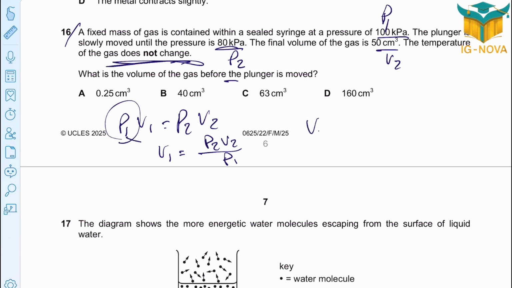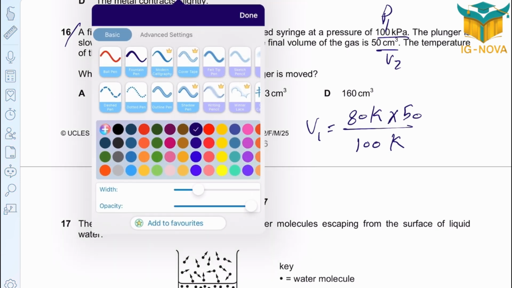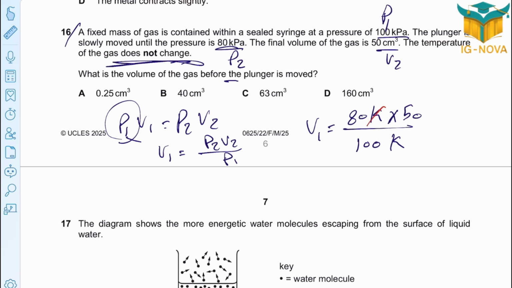Substituting numbers, V1 is 80 kilopascal, kilo and kilo no need to change, and volume is 50 centimeter cube, over 100 kilopascal. For that, we'll do basic mathematics here. Kilo and kilo will cancel, 0 cancels 0, the only remaining down is 1 in the denominator. So it's 8 times 5 equals 40.